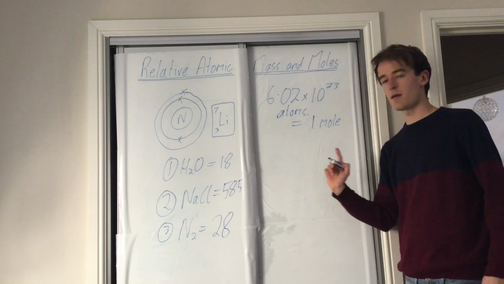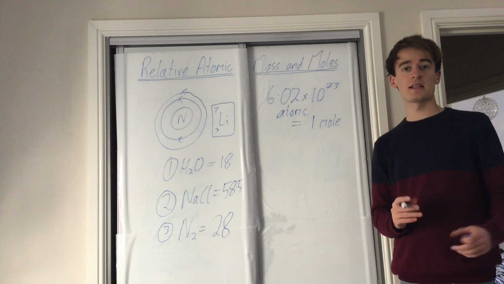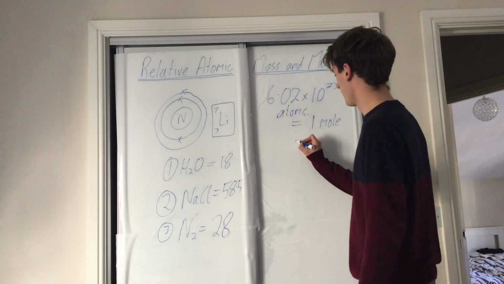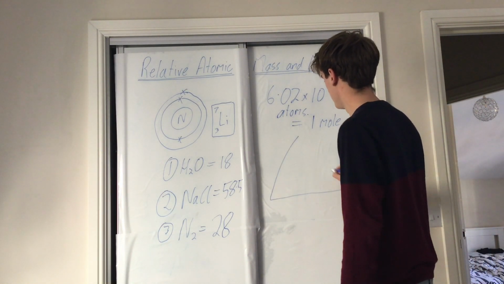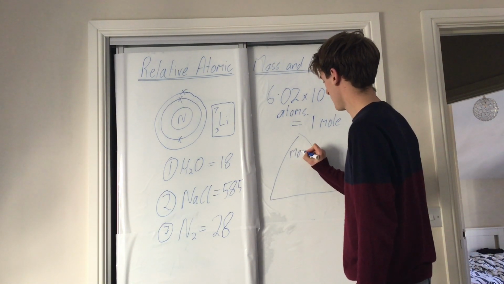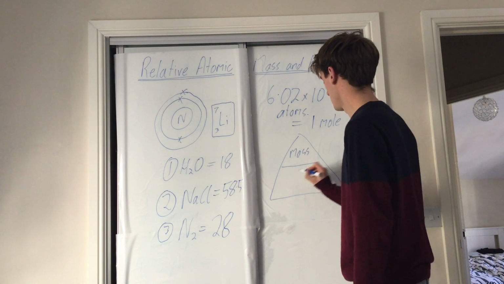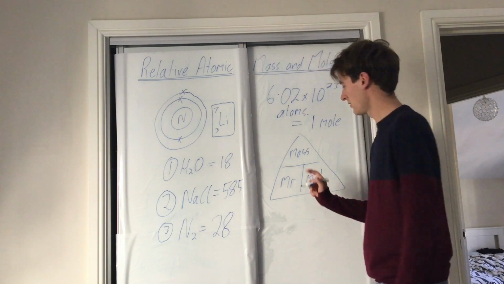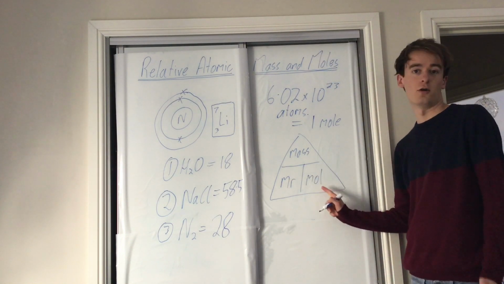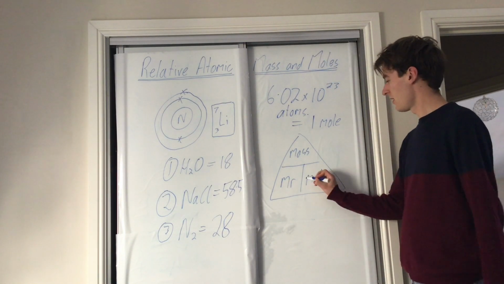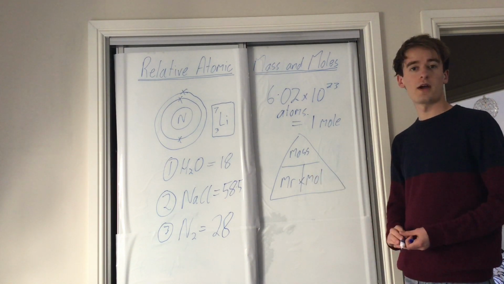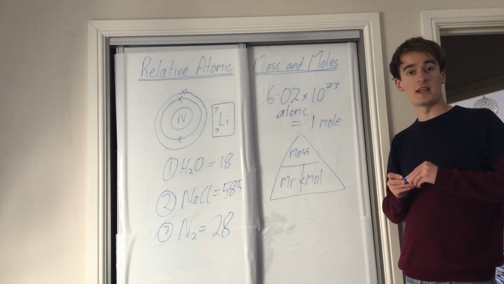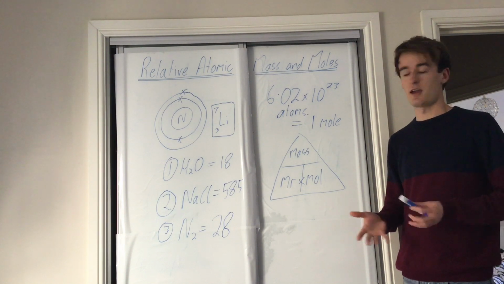Now we can link moles and MR with mass in grams using the following equation. This is mass, MR, mole. Massive Mr. Mole. That's how I remember it. These triangles work in the way that you cover up what you need to find out in order to get a number of equations.